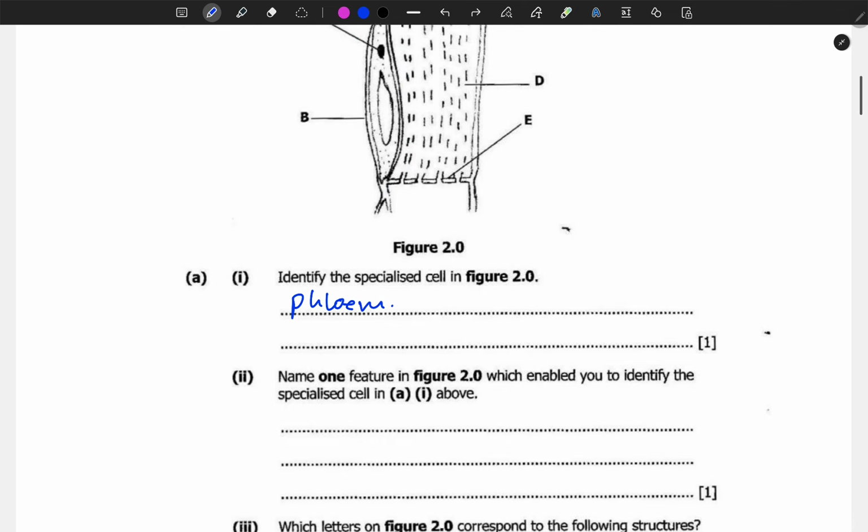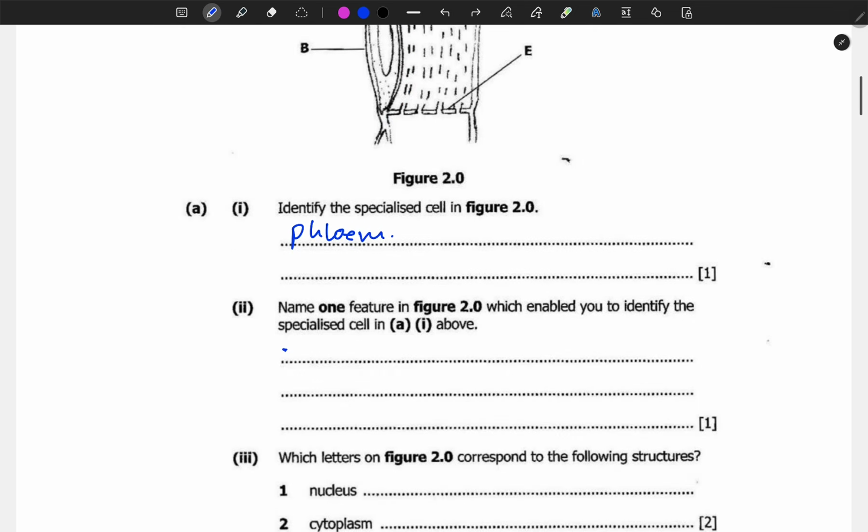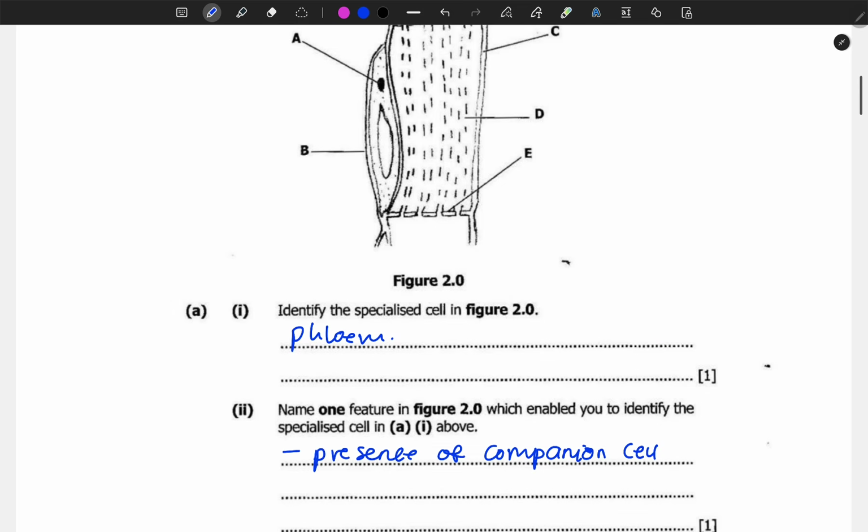Whenever you see a companion cell, then it is a phloem. Then also the presence of sieve plates. The sieve plates indicate that the structure is a phloem, and also the presence of sieve pores.